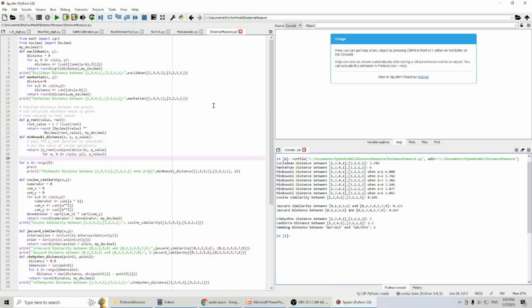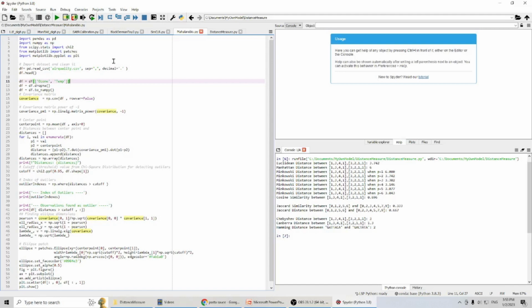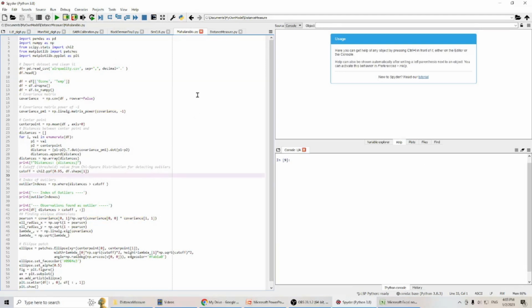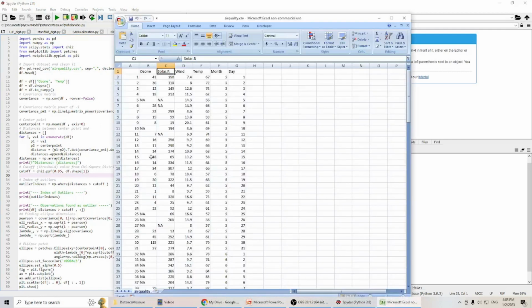Now let's take a look at this Mahalanobis distance. In order to calculate Mahalanobis distance, I use this data file, airquality.csv. I will upload this file to my GitHub as well, so you can download it and use it. I have index for those data points, and then I have ozone, solar, wind, temp, month, day.